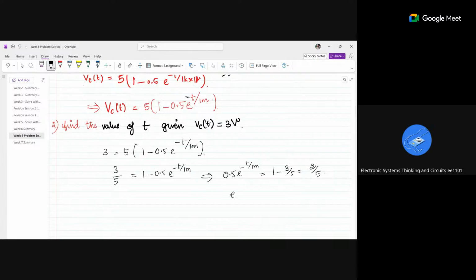Right? So 0.5 e power minus t by 1m is equal to 2 by 5, so e power minus t by 1m is equal to 2 by 5 into 1 by 0.5. 1 by 0.5 is nothing but 2. So e power minus t by 1m is equal to 4 by 5, taking ln on both sides.